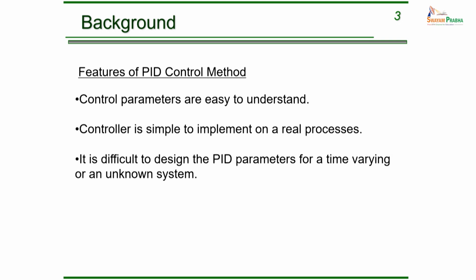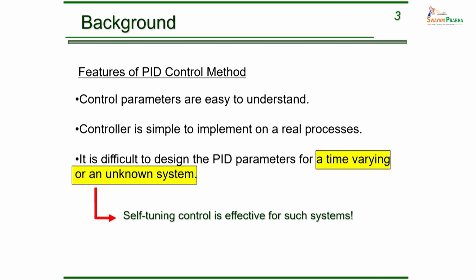However, it is not easy to design PID parameters for a time varying or an unknown system. You need to have an idea of the model for the process, and it is for this reason we can do online identification and subsequent control of such a process.